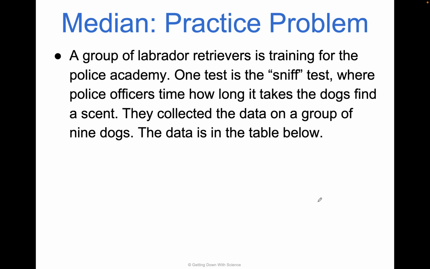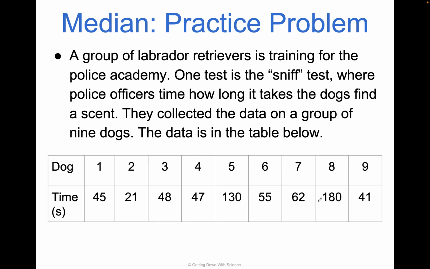So let's practice. A group of Labrador retrievers is training for the police academy. Oh, how cute. One test is the sniff test, where police officers time how long it takes the dogs to find a scent. They collected the data on a group of 9 dogs. Here's the data. Okay, so we have 9 different dogs, and we have our time in seconds.